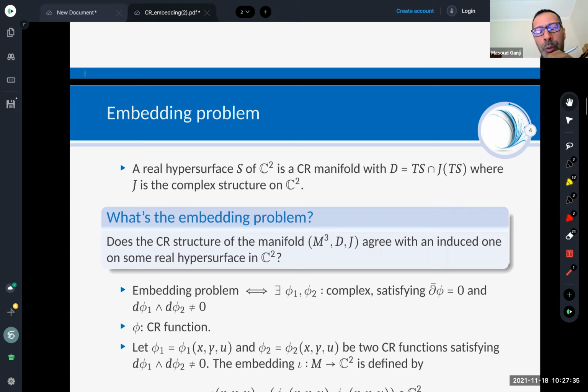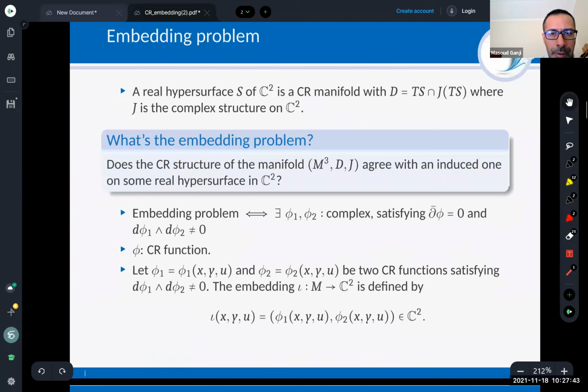That's the embedding problem. The embedding problem can be expressed in a slightly different way, by introducing two complex functions, phi1, phi2, satisfying this PDE. And this condition is called functionally independent functions.